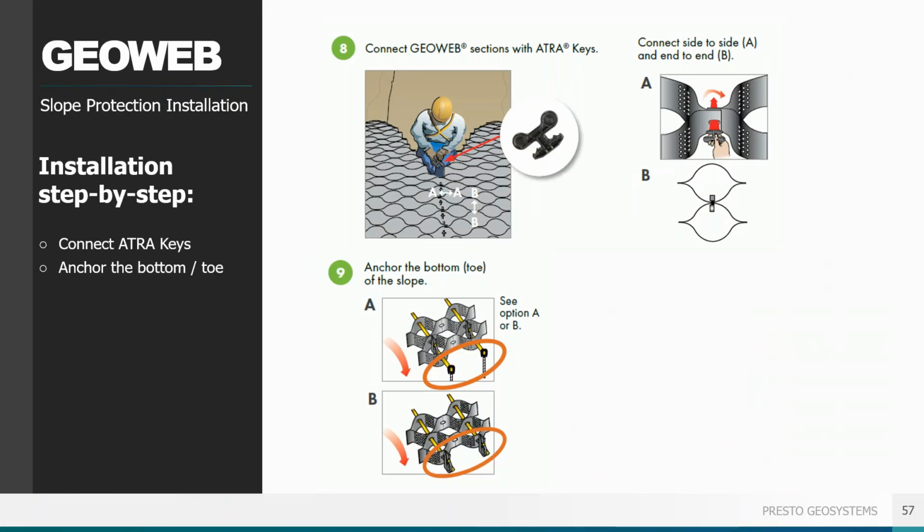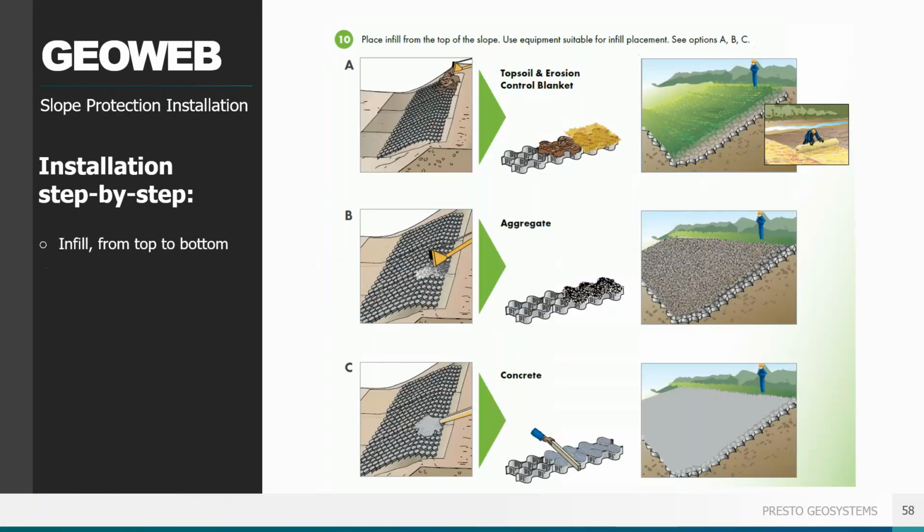Anchor the toe with either an ATRA tendon clip or stakes according to your design. Once the system is properly anchored, infill from top of slope down. Let's see that process with a couple of project installations for examples and to pull out some best practices.